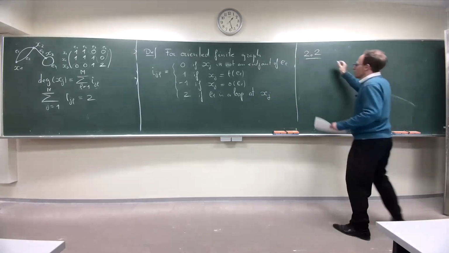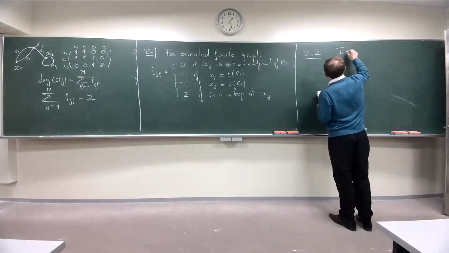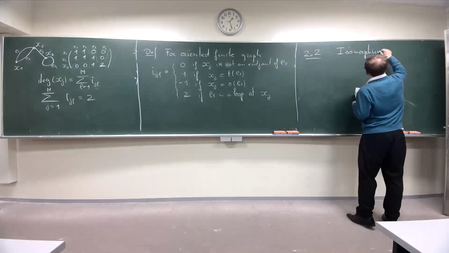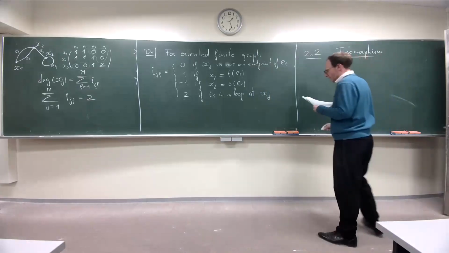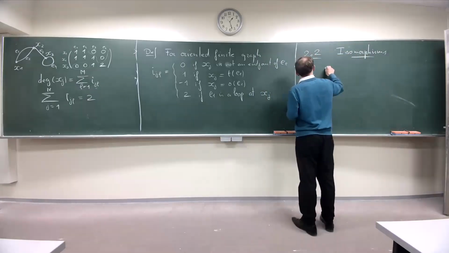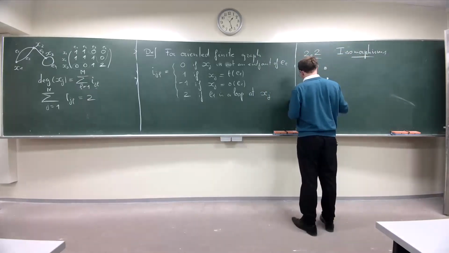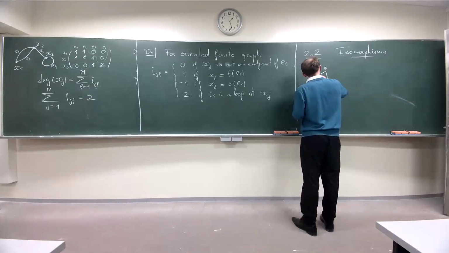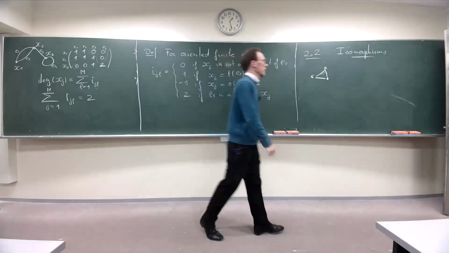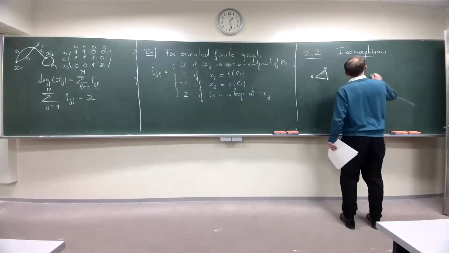For example, this is called isomorphism. Let me draw first a picture with 3 points. Okay. This is a very simple graph. You can encode it in a matrix. But now let me look at this picture.